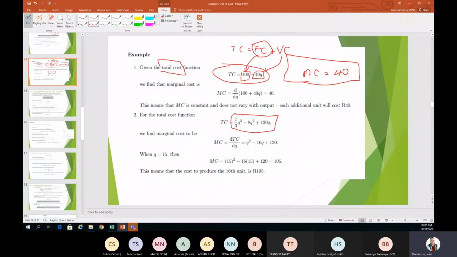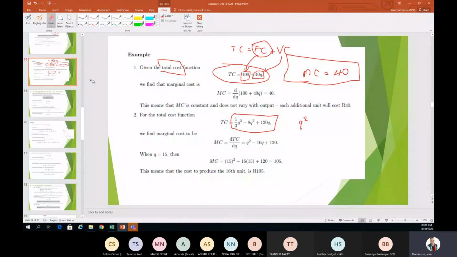So now differentiate as normal. The 3 goes in front, so 3 times a third is 1. The Q cubed will become Q squared. Because there's a 1 in front, we can actually take the 1 away as well.